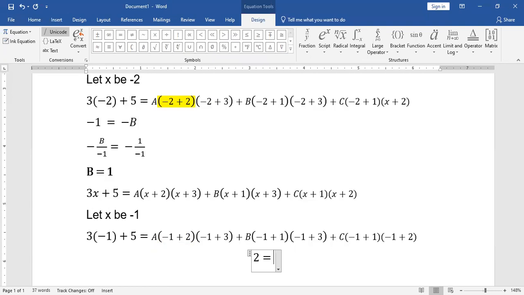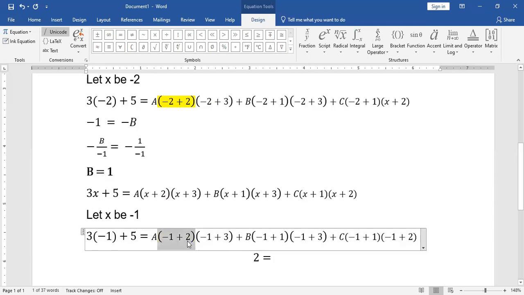And then in A there, let's see, -1 plus 2 will be 1.